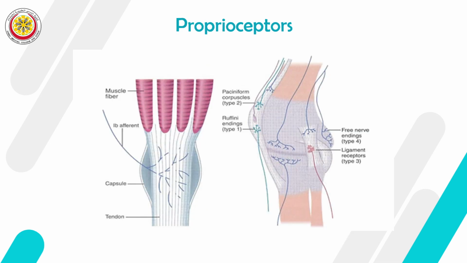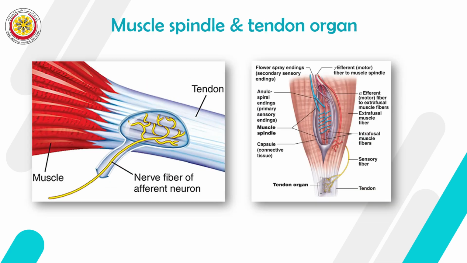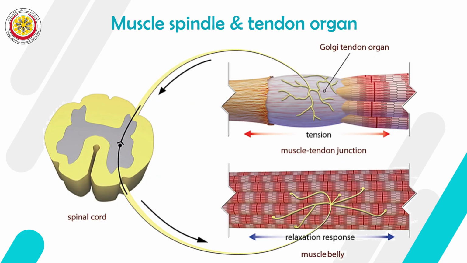In addition, we have some specialized ones in the muscles, in the tendons, and in the joints. And these are for proprioception. And you know them, and this is where the connection with the muscle spindle and the Golgi tendon organ is. And this is the reflex arc generated by the tendon organ and the muscle spindles.